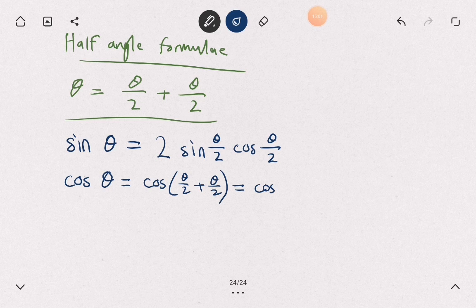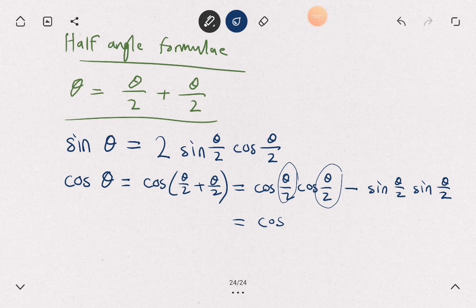Then you get minus, which then becomes, this is cos times cos of the same angle, right? It's theta over 2. So this becomes cos squared.